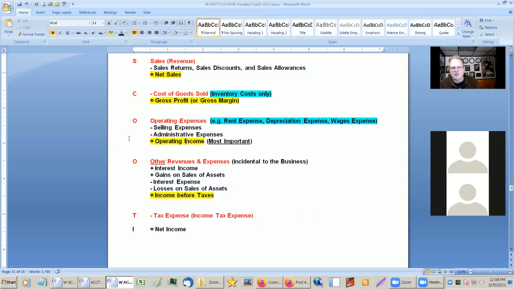But for just running the business, how much do they make just running the business? And so that operating income is actually a very important number. I put most important, but it's right up there. A lot of times you'll see it. They'll also often talk about the operating income rather than this other stuff they really don't have too much control over.